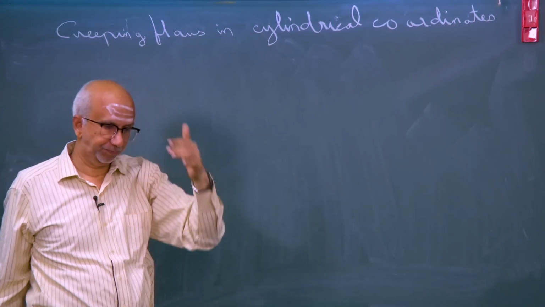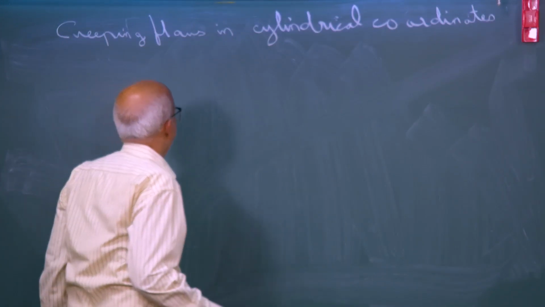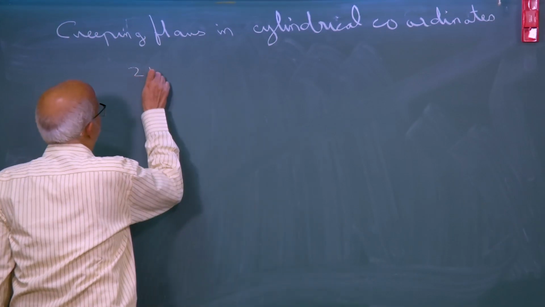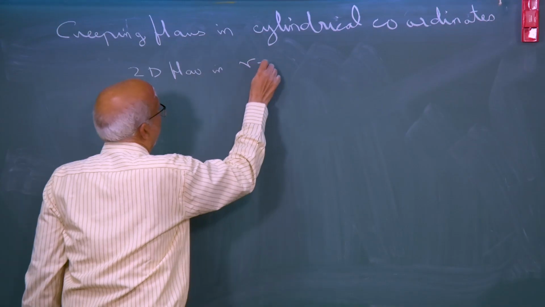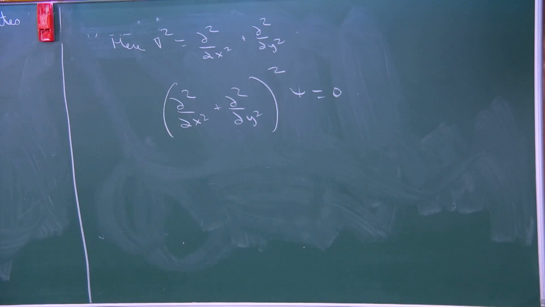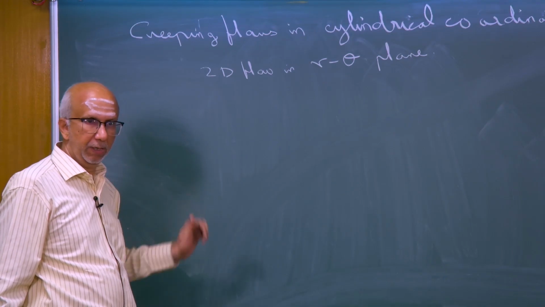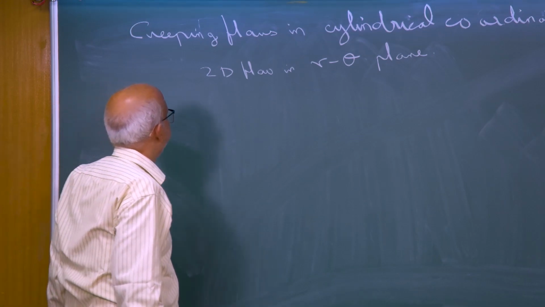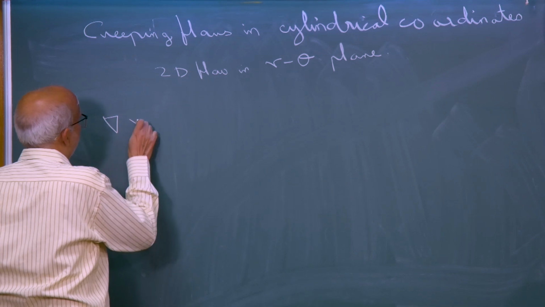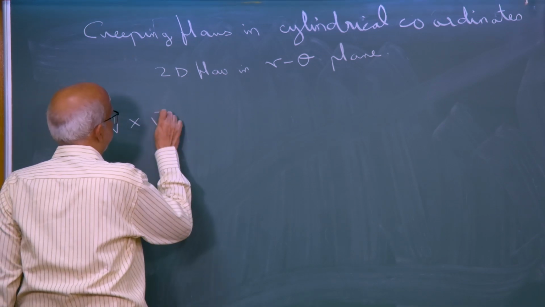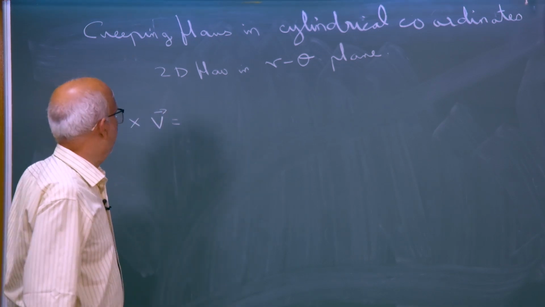So I am going to look at 2D flow in the r theta plane, and I want to calculate what is curl of V first. So what is curl of V going to be?